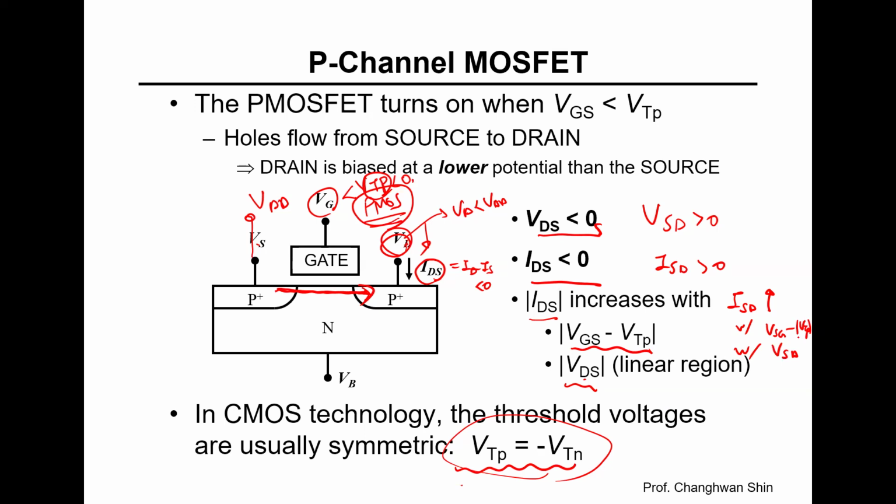The diagram shows the structure of a PMOSFET built in an N-type substrate or N-well onto the P-type substrate, if I'm using a single well CMOS process, with P plus regions for source and drain.